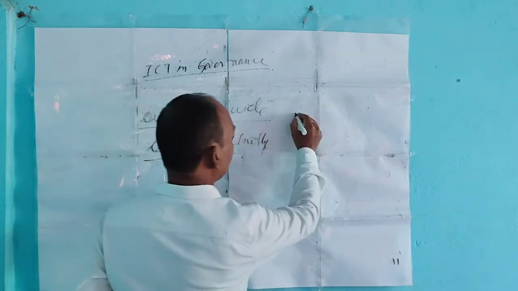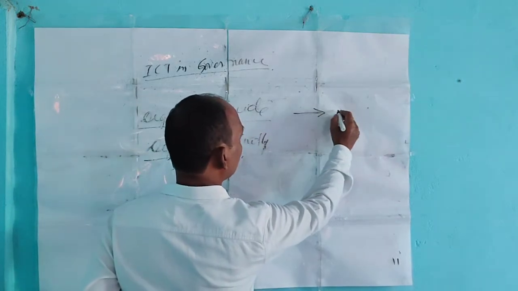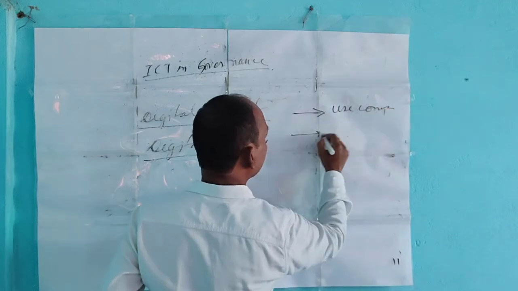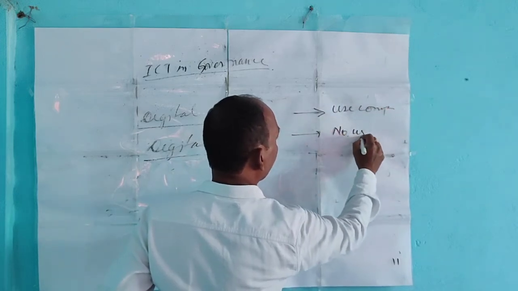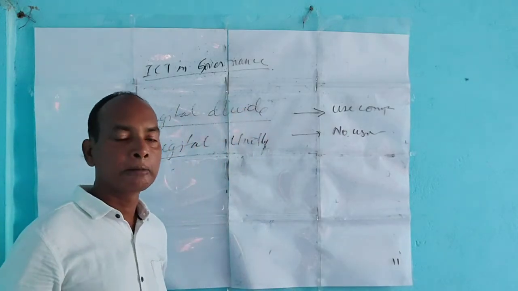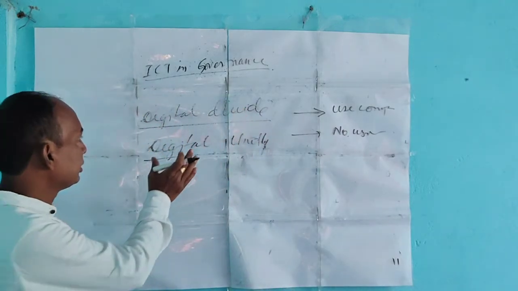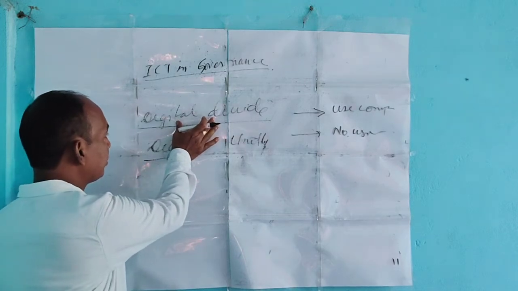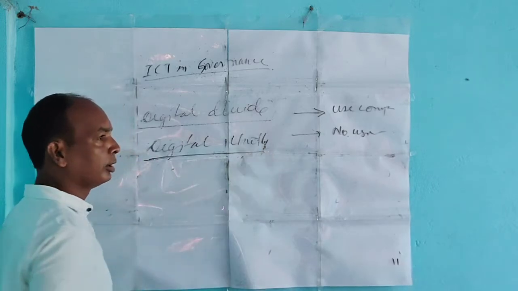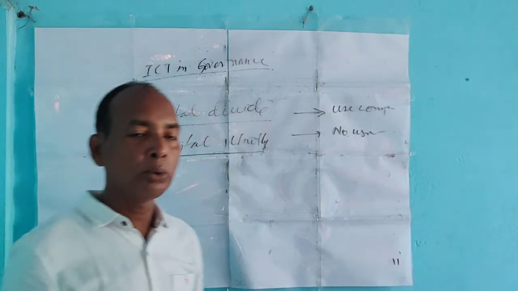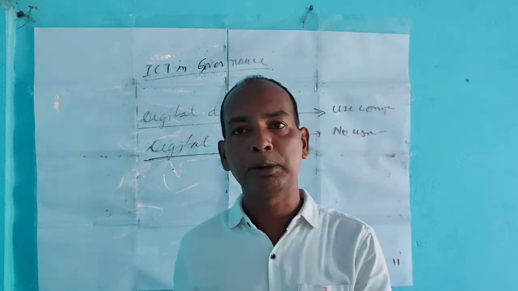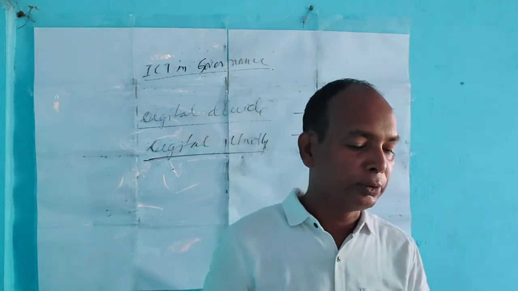One group uses computers, internet, etc. The other has no knowledge of computers, no knowledge of information technologies, etc. So we try to turn this digital divide into digital unity. So what can we do to make the persons into digital unity?